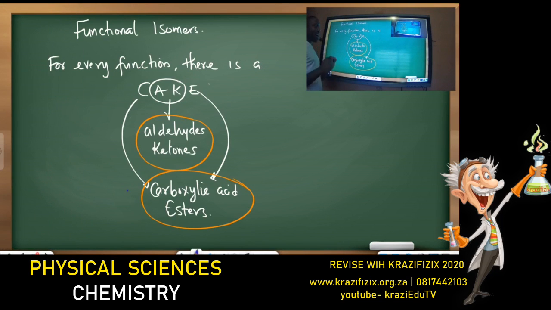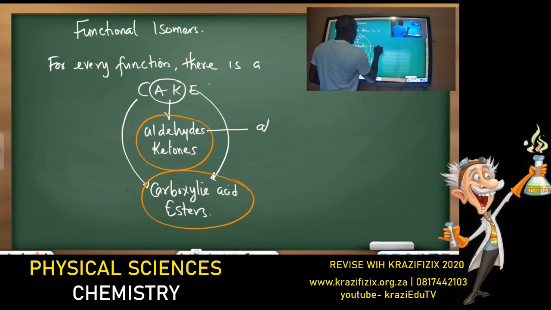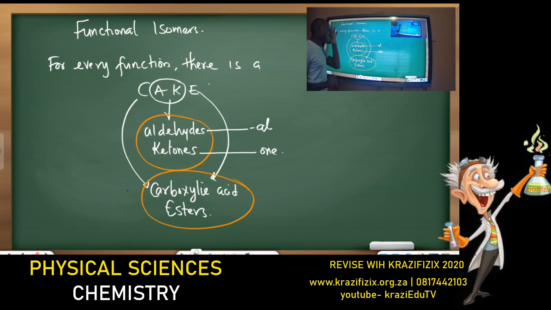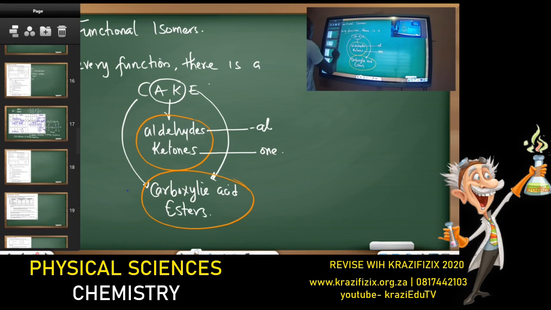Aldehyde and ketones are functional isomers. So my aldehydes will end with al and my ketones will end with on. So an aldehyde has a functional isomer with the same number of carbon atoms as a ketone. Aldehyde and ketones. So al and on.